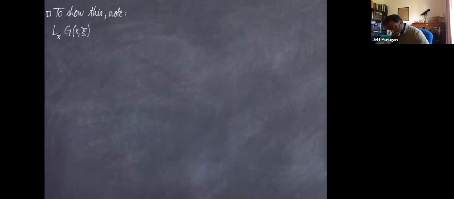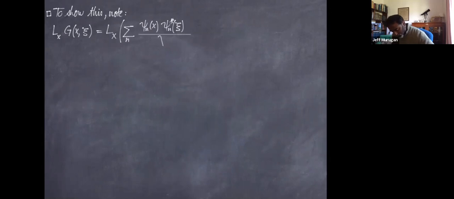That's why I'm taking pains to denote the x dependence on L. It's L x acting on this sum: sum over n, psi n of x, psi n of xi, complex conjugated, all divided by lambda n.